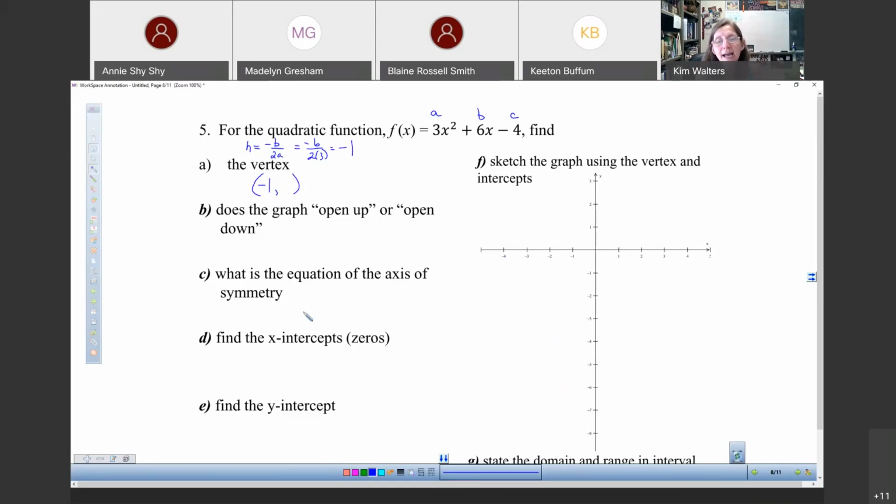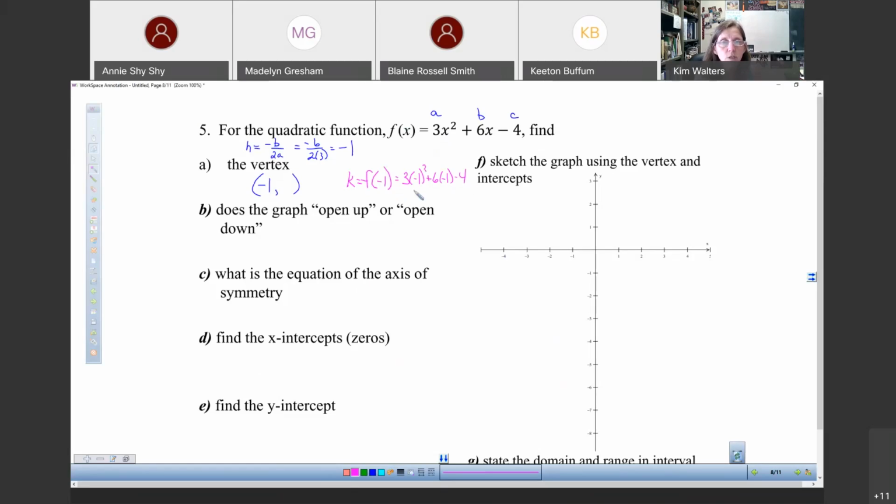To find the y part of the vertex, or the k part of the vertex, I'm going to plug in negative 1 for x in my function. So I have 3 times negative 1 squared plus 6 times negative 1 minus 4.